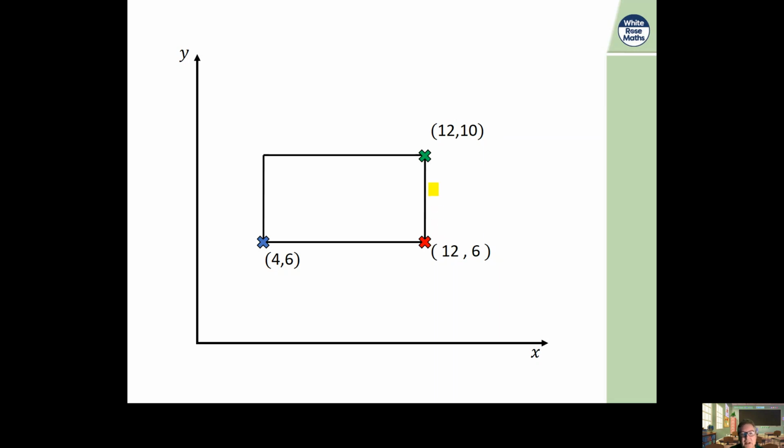Now, what you would need to know is these properties. So this side and the parallel side will be of equal length. And this side and this side will be of equal length as well.